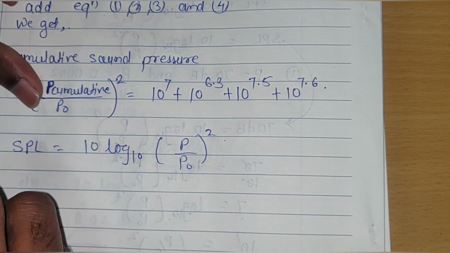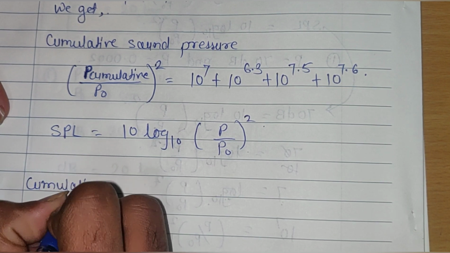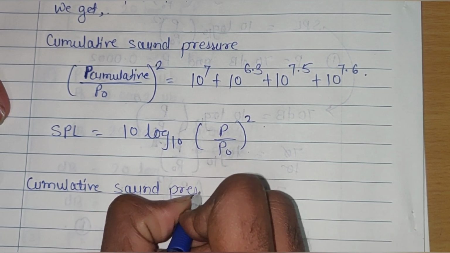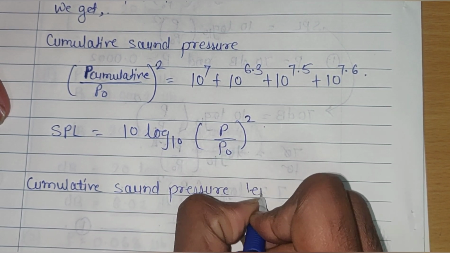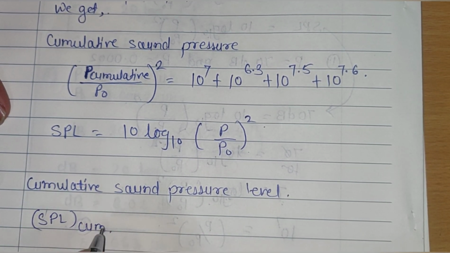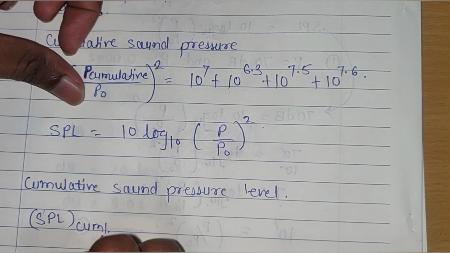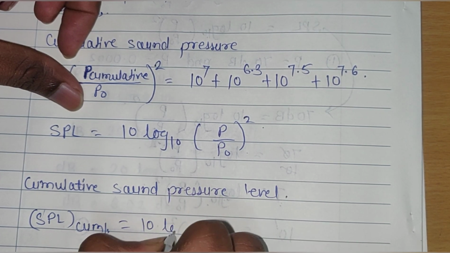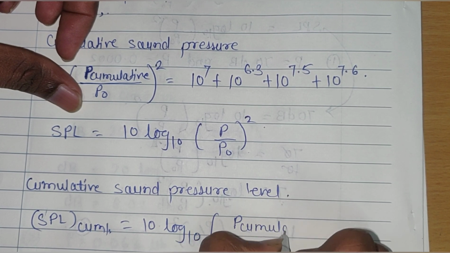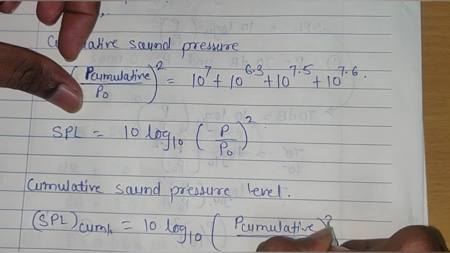If you want to find the cumulative sound pressure level, then SPL cumulative is equal to 10 log to the base 10 of (P cumulative upon P naught) whole square.